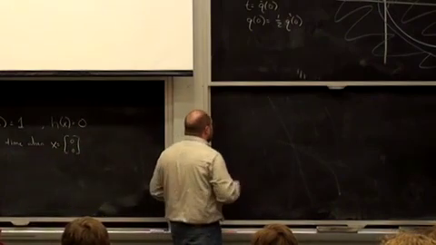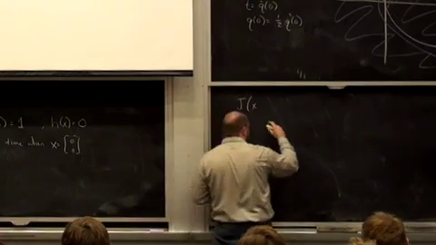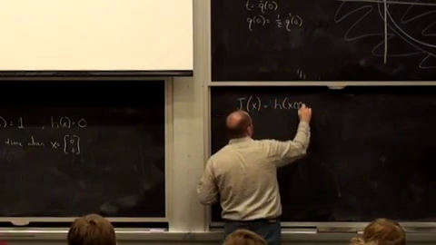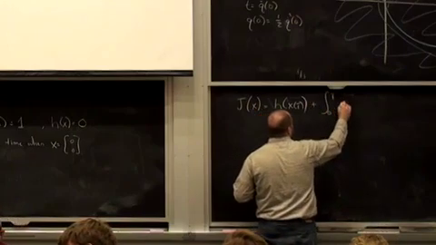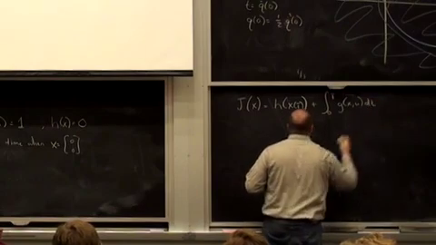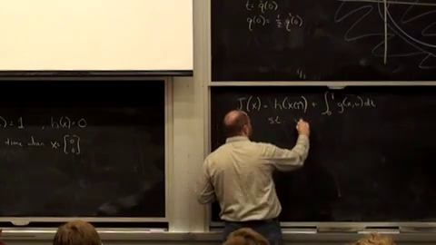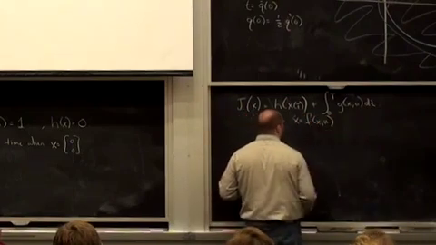So for this general form, J of x is h of x of T plus integral from 0 to T of g of x, u dt, subject to, and I'm going to try to be very careful about writing these all every time.